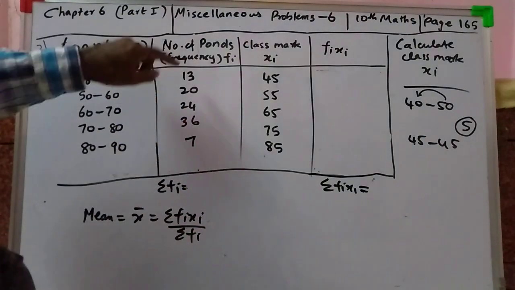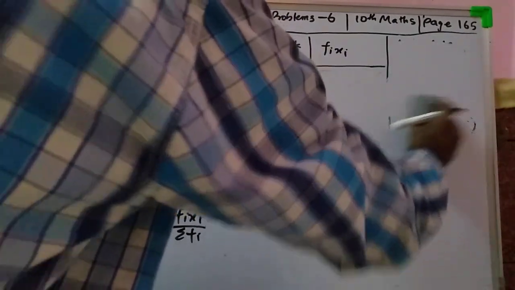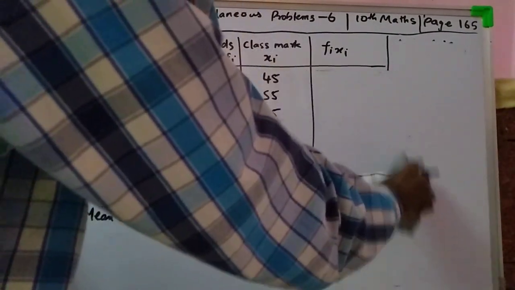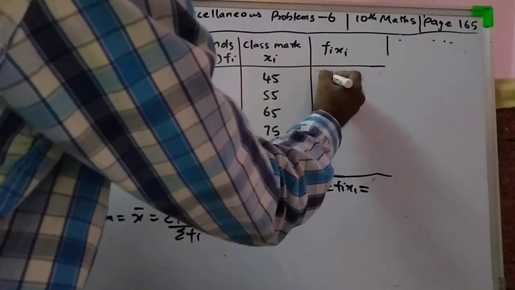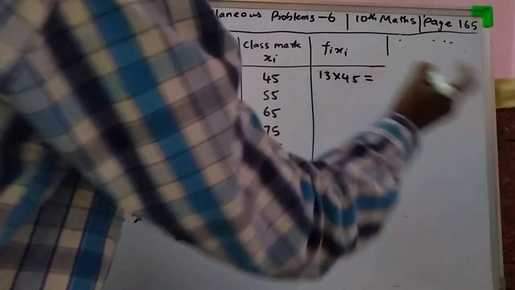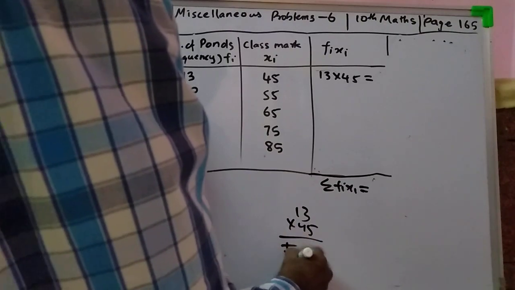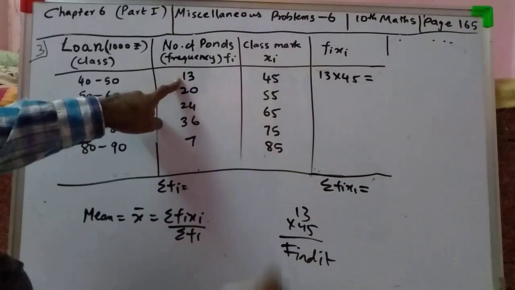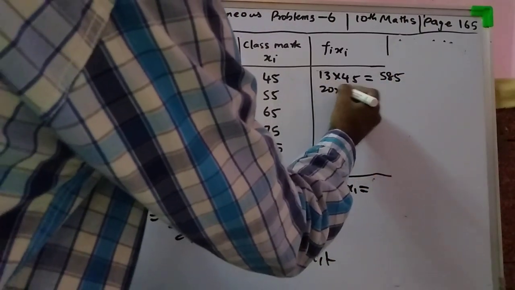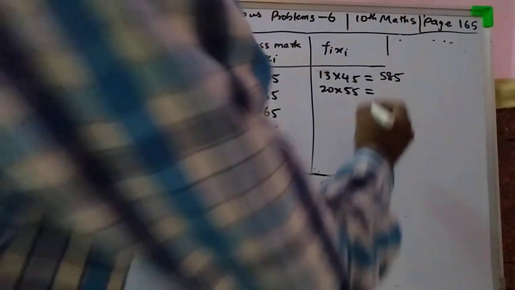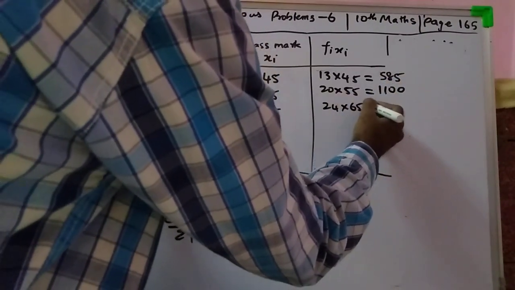First step, very simple. I have to multiply this. fi into xi: 13 into 45. Find it here. 20 into 55, that is 1100. 24 into 65.